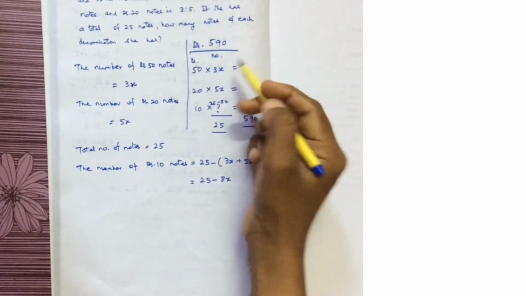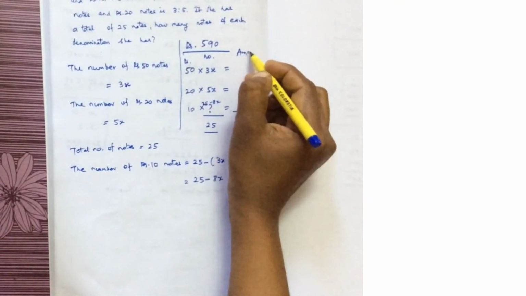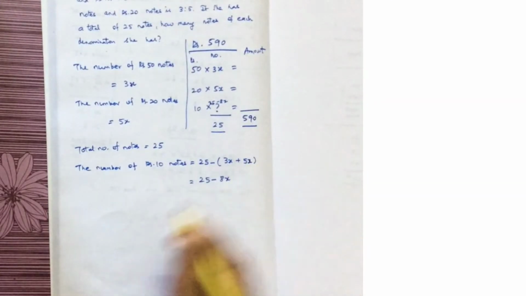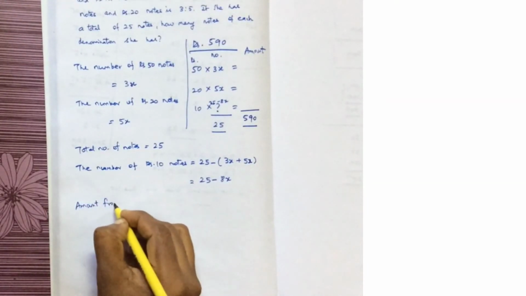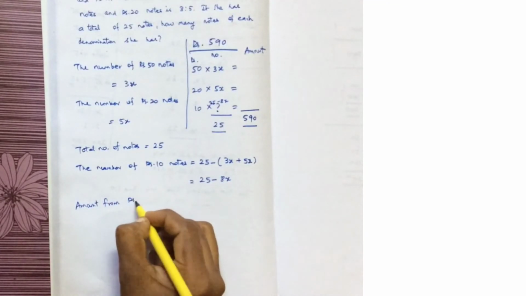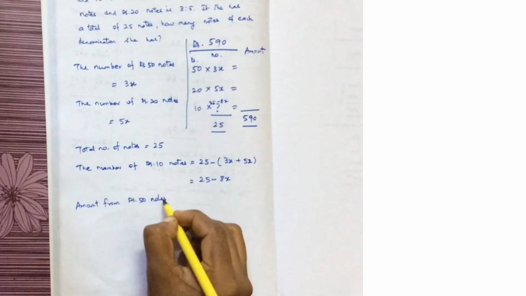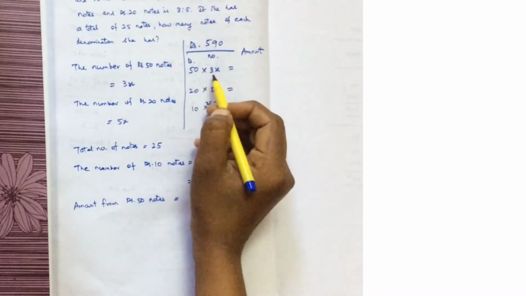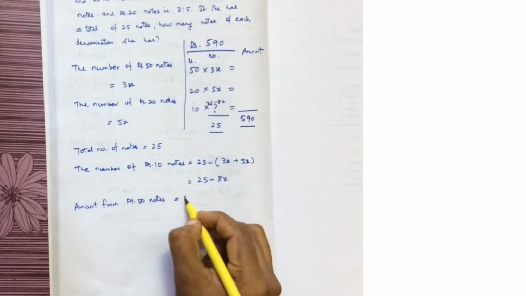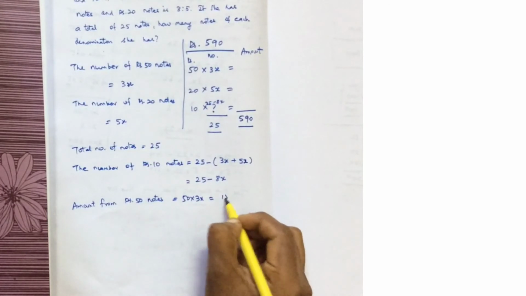Okay. Now I have the number of notes. Now here I am going to write the amount. Amount from rupees 50 notes is 50 multiplied by 3x, that is equal to 150x.